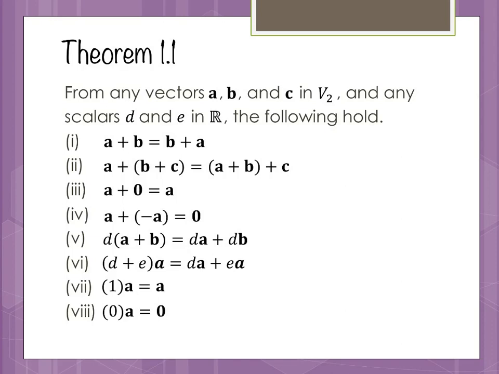And if it's a scalar, and scalar just means a number you're multiplying by or adding, it will do it in a scripted looking, not bolded font. So on V and VI you see some scalars involved with some vectors at the same time. In the first 4, it's all just vectors, right? It's the vector A, the vector B, the vector 0, and so forth.